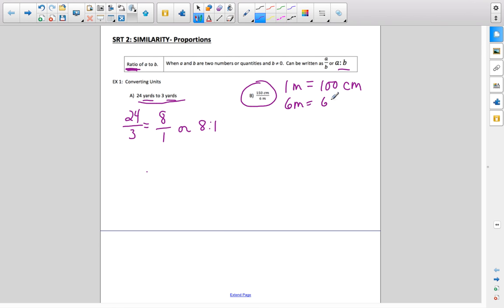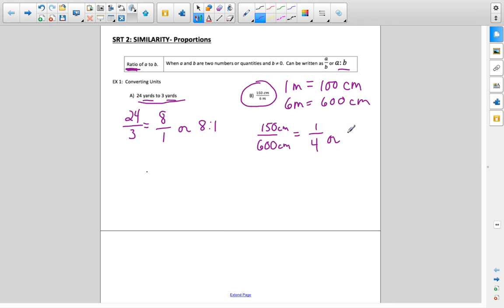So 150 centimeters over 600 centimeters. Now I have the same unit. When I reduce this, 150 goes into 600 4 times, so the ratio is the same as 1 over 4. 150 over 600 reduces to 1 over 4, so they're the same thing.